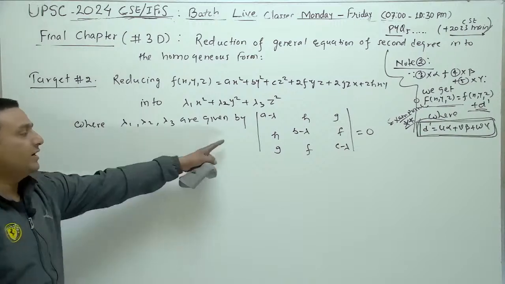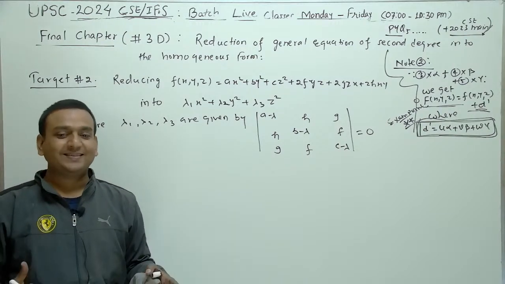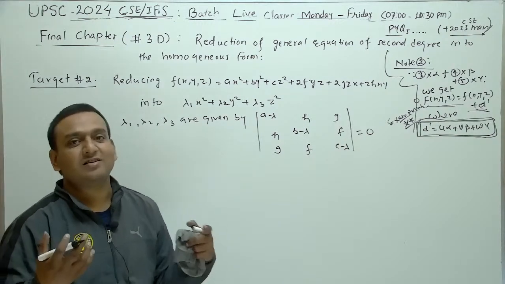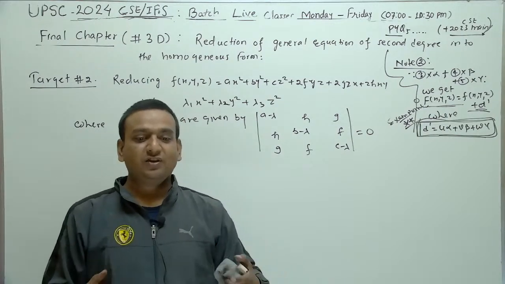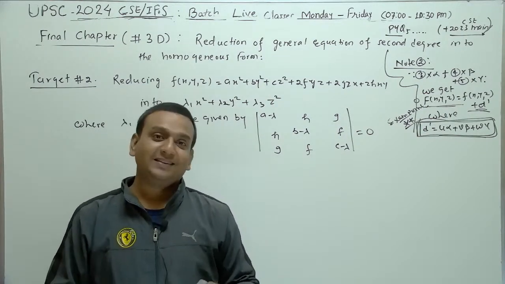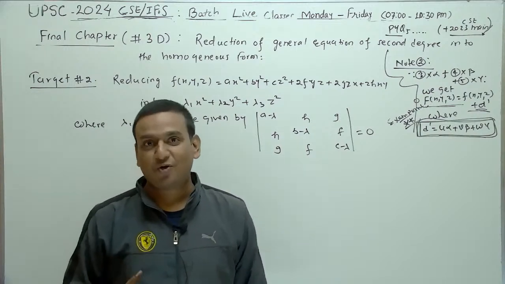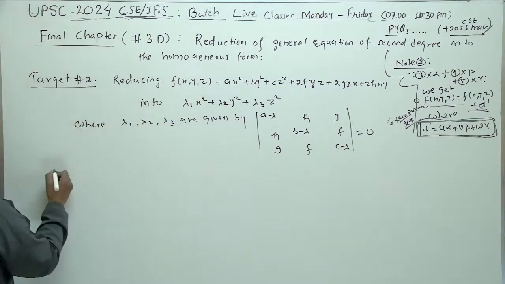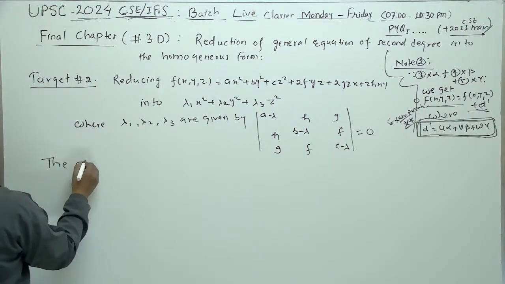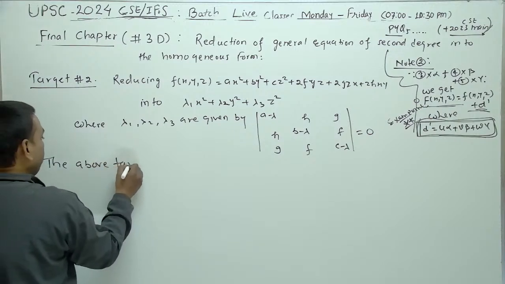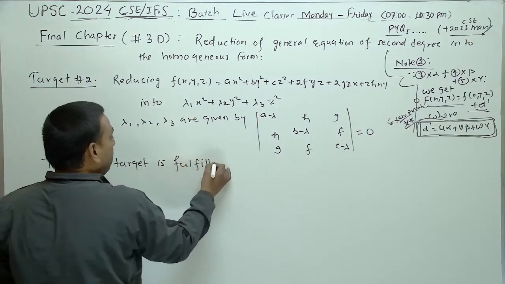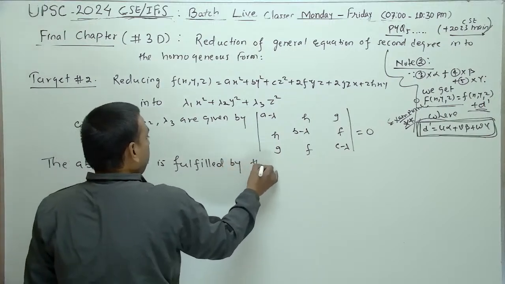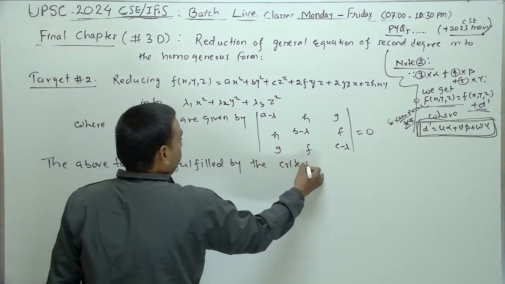So how this condition comes, that is the point of concern now. And persons who just crammed this method will come to realize what the things are. Look, the above target is fulfilled by the criteria.